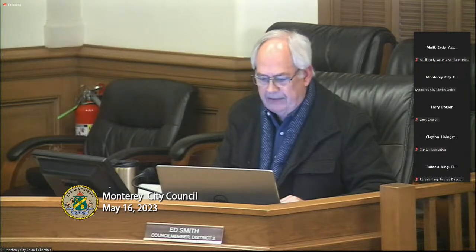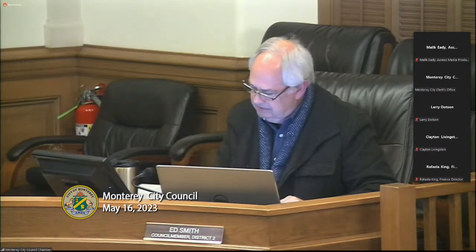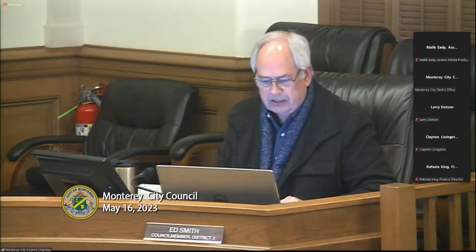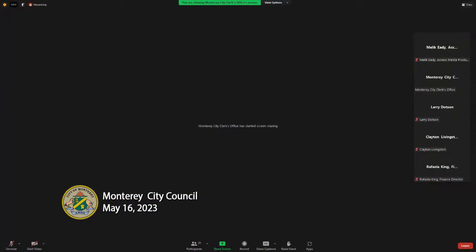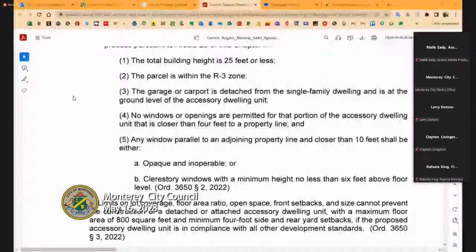And then if you go down to subsection D, and then after D, it's triple I, and it's then number 5. And the last 2 points are talking about opaque and inoperable, as well as clerestory. So real quick, just for everybody else that may not have the agenda packet, it's on page 6 of agenda item 5. Yep.